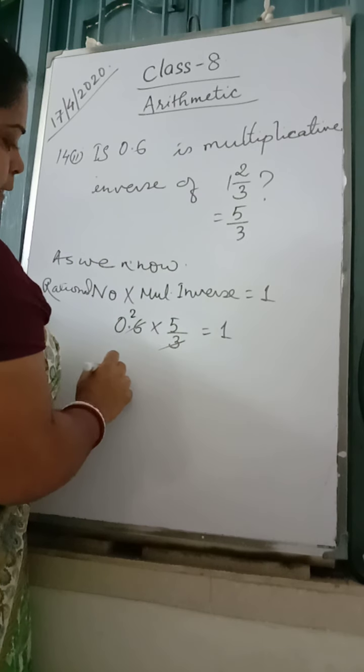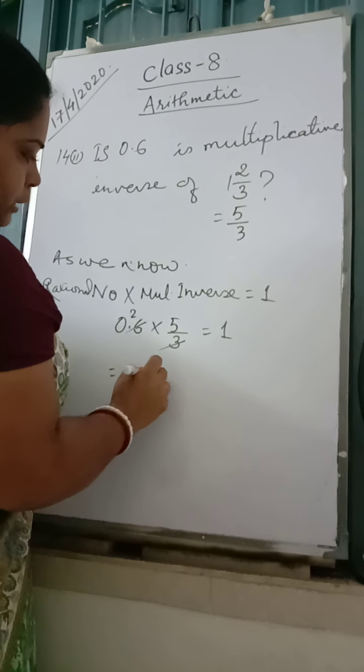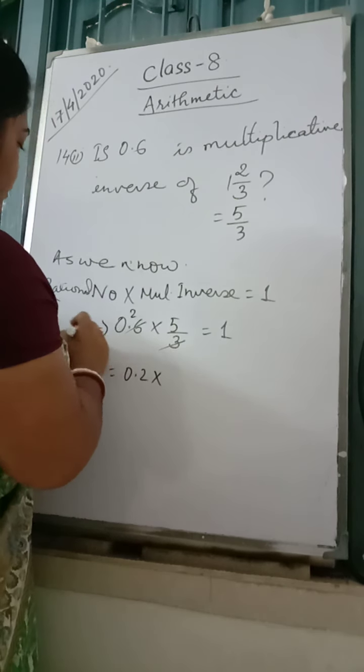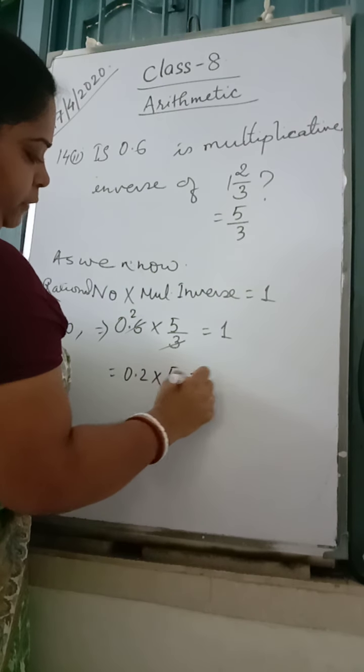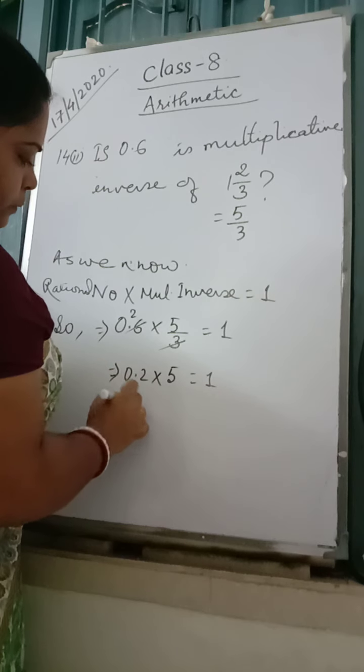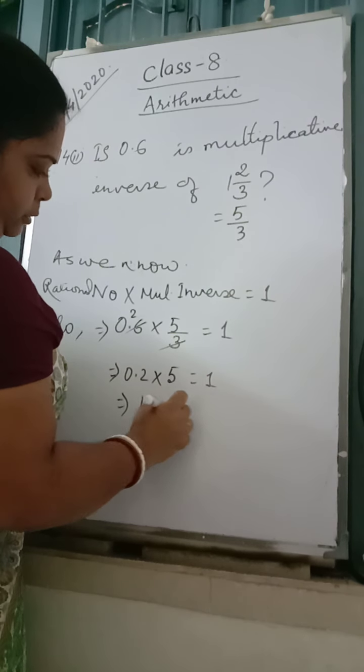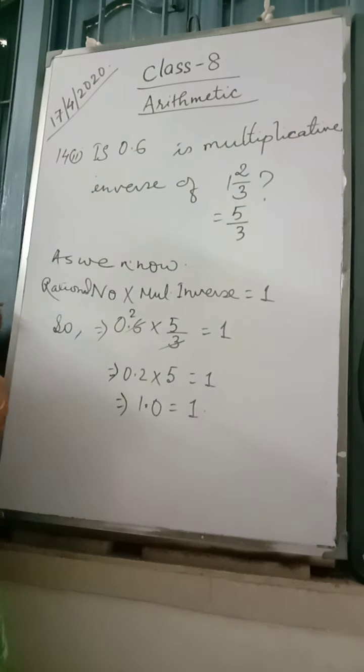3 2s are 6, so 0.2 into 5 is 1.0, which is 1.